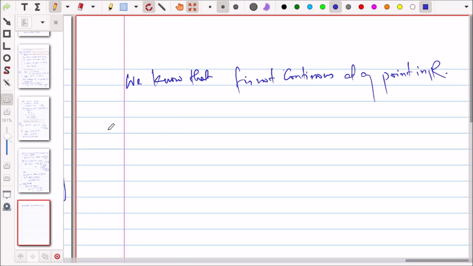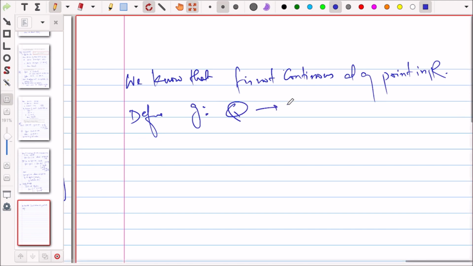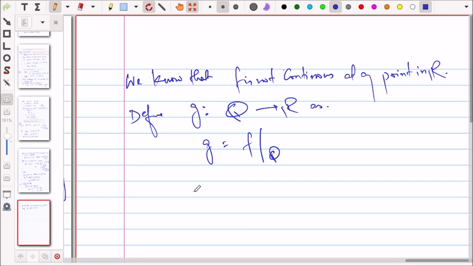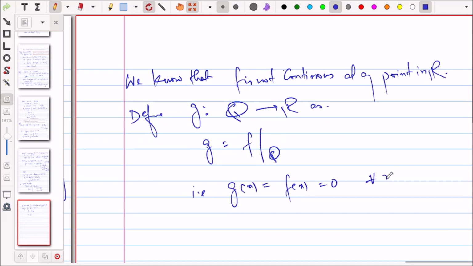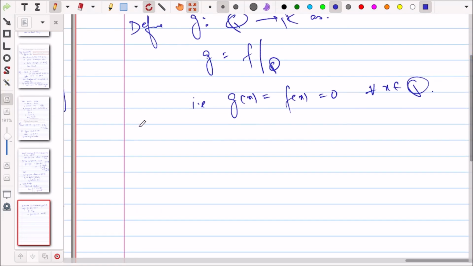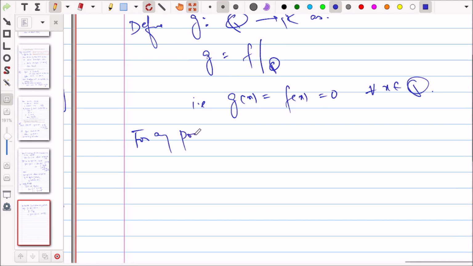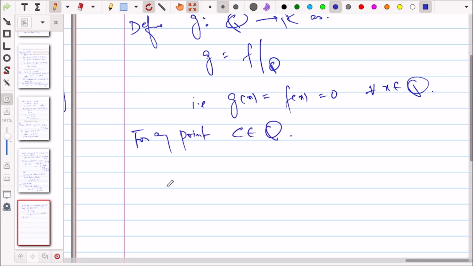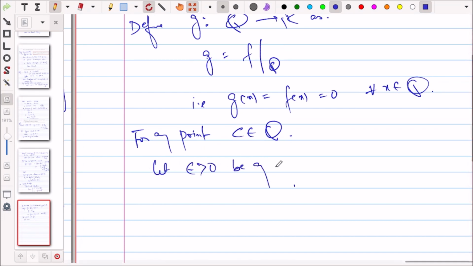This we know. Now define G from Q to R as G equal to f restricted to Q. That is, Gx equals fx equals 0 for every x in Q. Because its domain is Q, for any point C belonging to Q, let epsilon greater than 0 be any real number, and you can take delta also to be any real number.